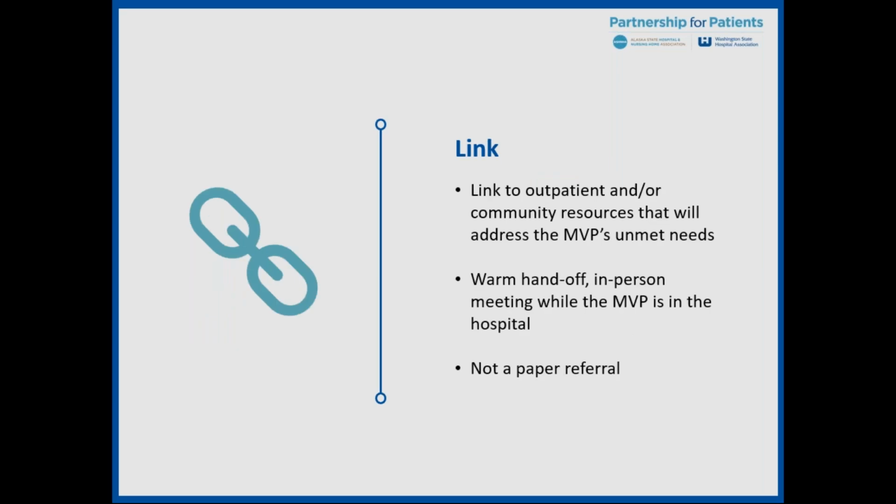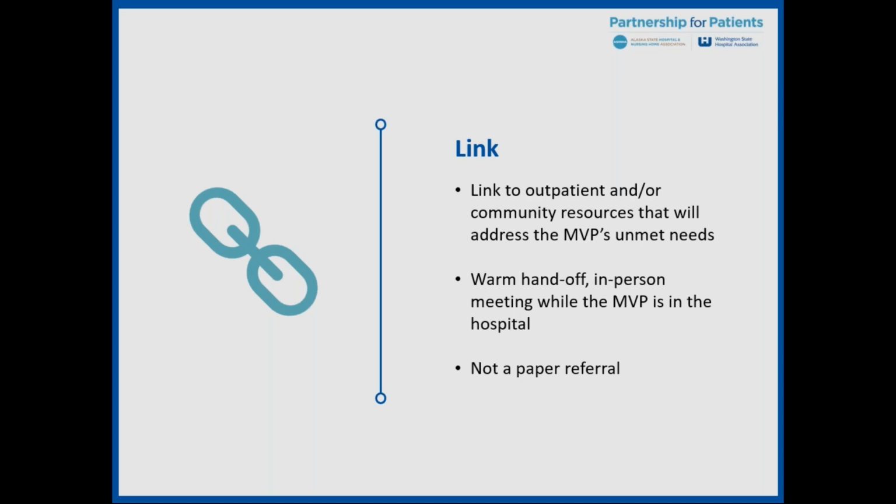And then we want to link the patient to resources in the community where they can have their needs met in the community setting and not need to come to the hospital for those. So that could be in outpatient clinics or primary care for some circumstances, and others is connecting them to community resources to meet their more social needs. This linkage is a warm handoff.